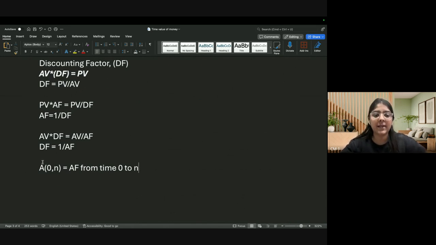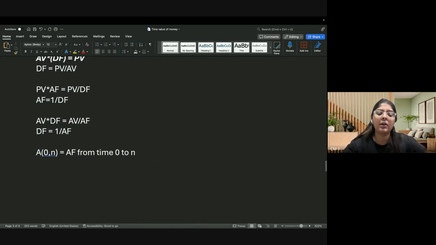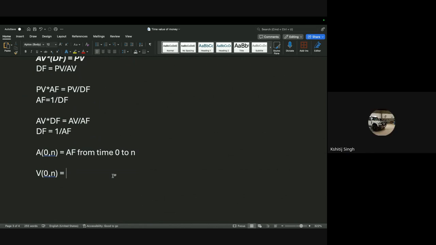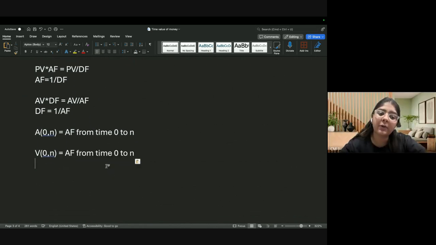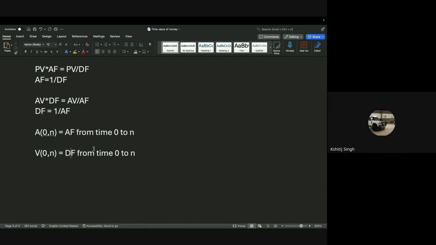It's logical, it's conceptual. These notations is what you have to understand because we represent everything in a different manner. Okay. So A0 to N is accumulation factor from time 0 to time N. Now similarly, what will be V0 to N? Discounting factor from time 0 to N?